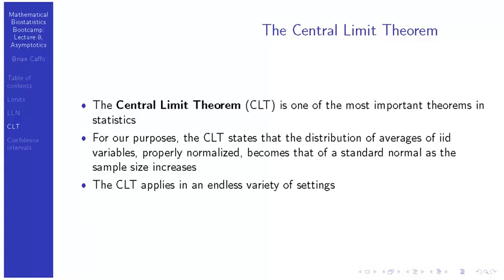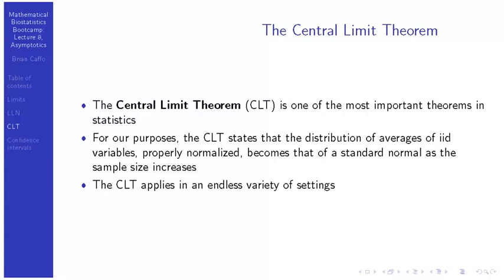It's basically saying that if you want to evaluate error rates associated with averages, it's often enough to only compare them relative to a normal distribution. And the CLT applies in an endless variety of settings. With a collection of various asymptotic tools, people have figured out a way to apply the central limit theorem in so many cases.